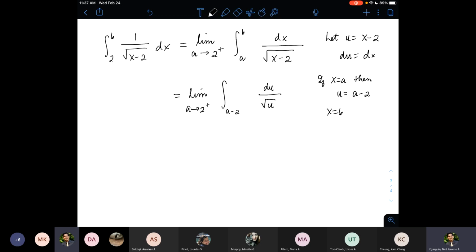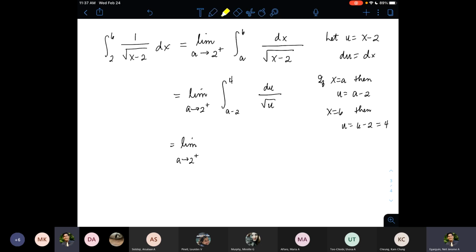This is one complication, and I don't usually use this way of solving improper integrals. I'll show you an alternative later for the next problem. But if you want to use the techniques from previous sections, this is the way to go. When x is equal to 6, then u is equal to 6 minus 2, so that's 4. And then we take the limit as a approaches 2 from the right.